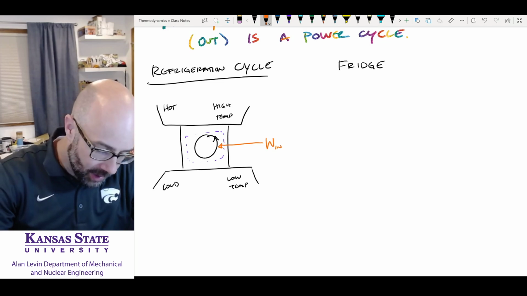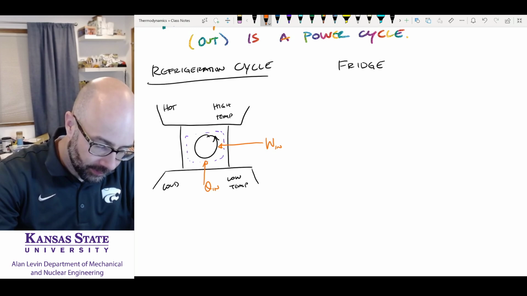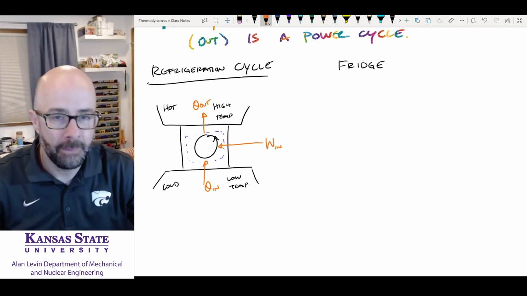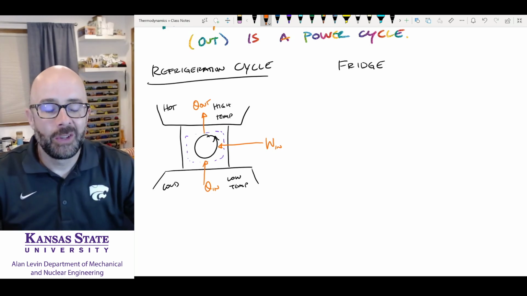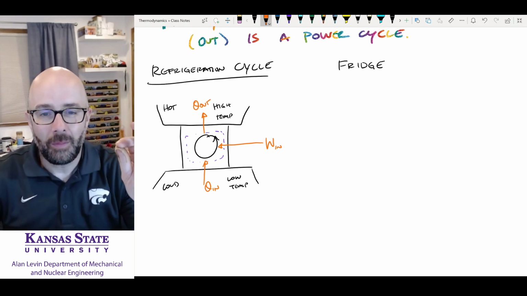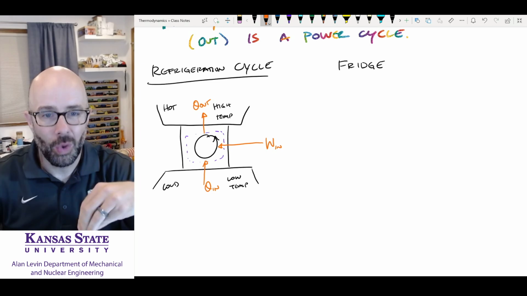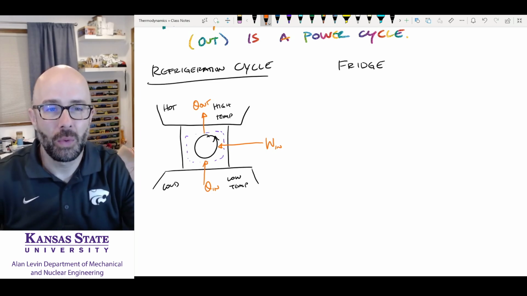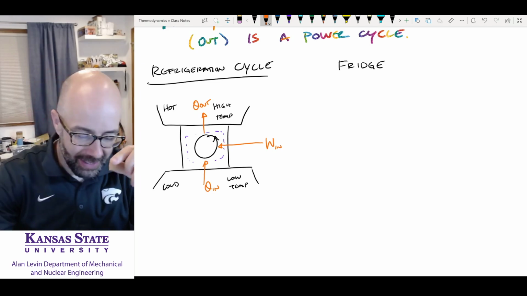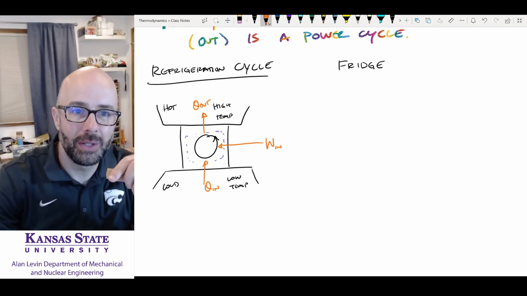And what that's going to cause is there's going to be heat transfer this way, Q in, and Q out. Okay. So we are moving heat from the cold reservoir to the hot reservoir, but we're doing that in a way that there's a cycle inside of here that's able to take advantage of that.